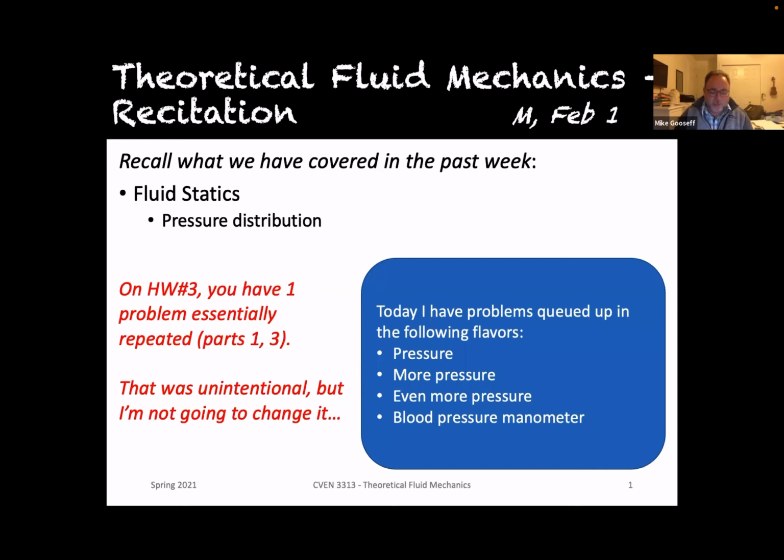It's kind of luck of the draw. But I'm not going to change this at all. We'll go ahead and grade both of them. I'll be looking out for that a little more carefully in the future. So my apologies for that. If you've gotten to those 2 parts, or if you haven't yet, just note that's not an error. Well, it's an error on my part, but it's not something we're going to change before you have to turn this in on Thursday.